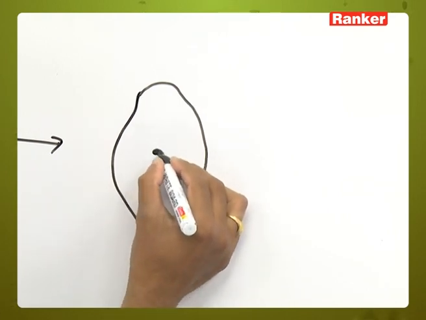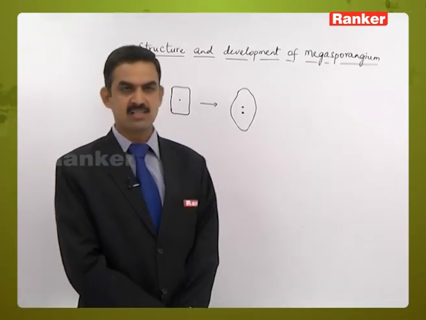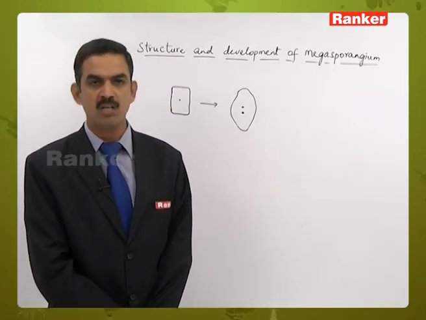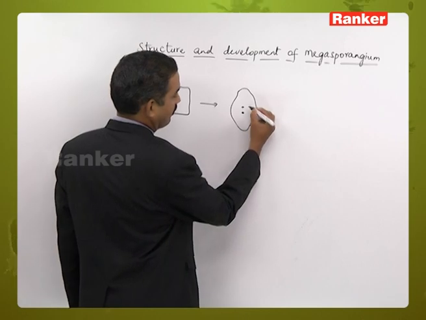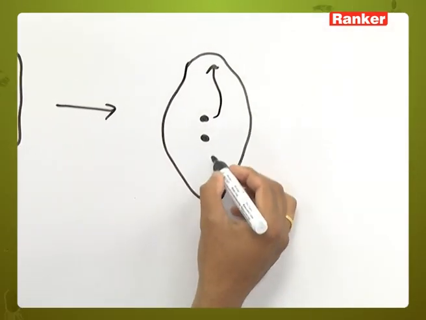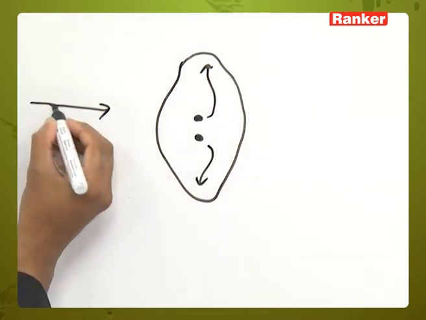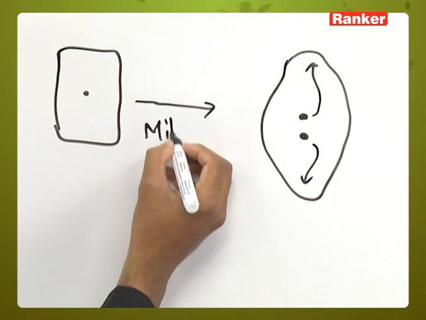Out of the two nuclei, one is the primary chalazal nucleus and the other is the primary micropylar nucleus. One will move towards the upper pole, the other towards the lower pole, and here the first mitosis has taken place.